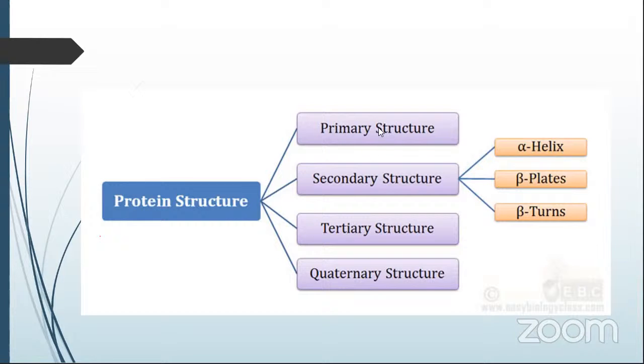Once you know the sequence, which is in FASTA format in the GenBank database at NCBI, you move towards the structure, that is the secondary structure classification and prediction. In the secondary structure, you will get the alpha helix, beta sheets, and beta turns.